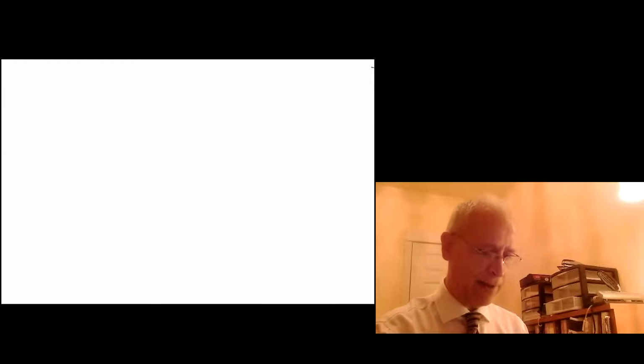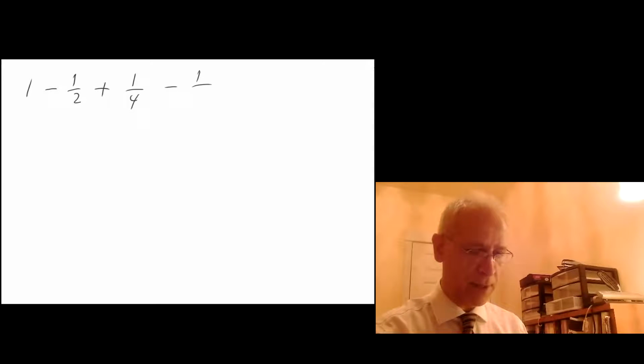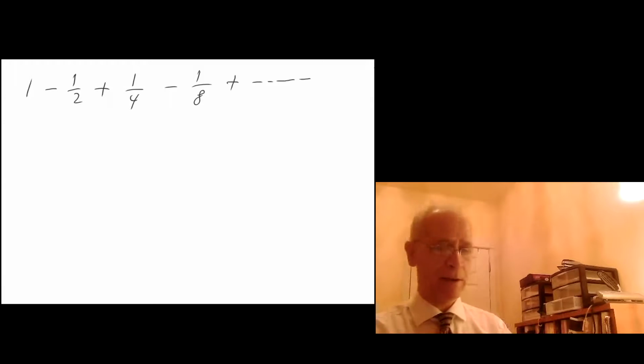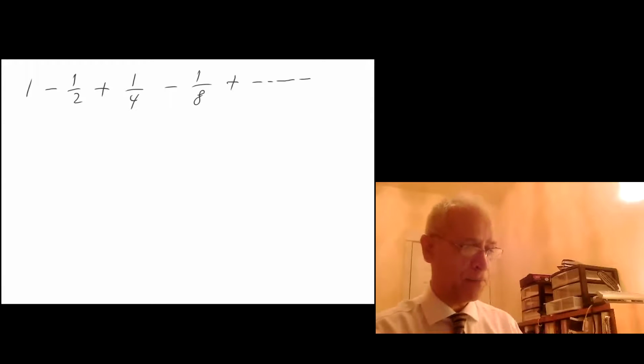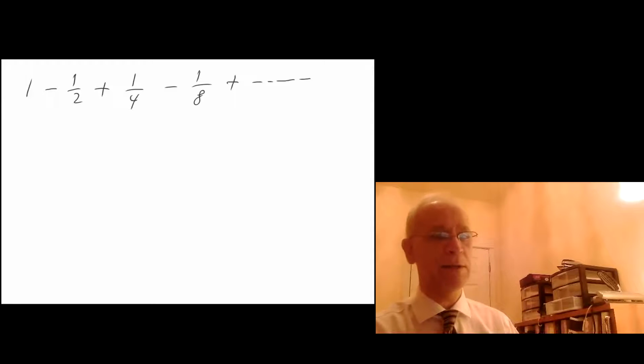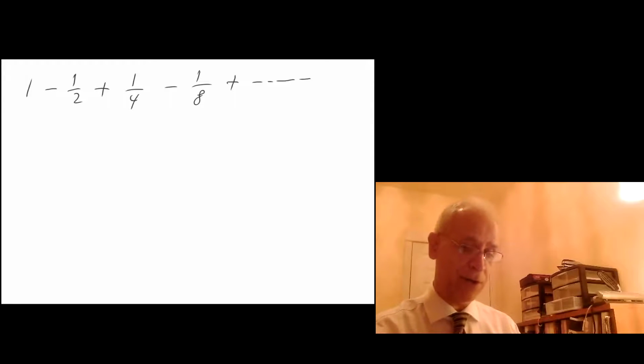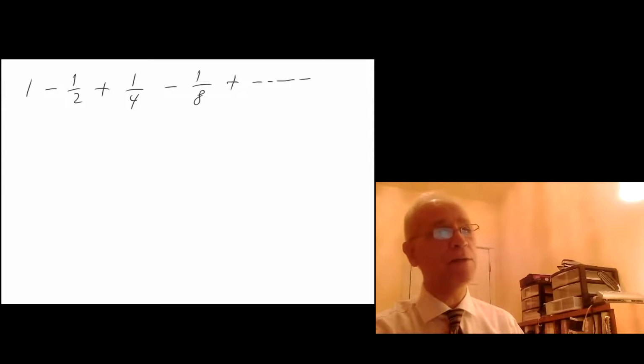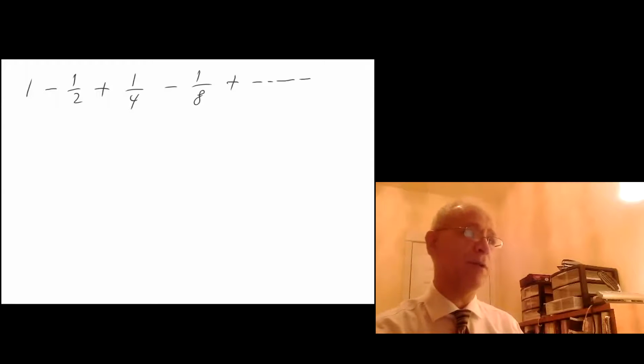Suppose we have 1 minus 1/2 plus 1/4 minus 1/8 plus dot dot dot, and this is our infinite geometric series. And we want to know if it is convergent or divergent. Well, all I have to do is find one term and divide it by the previous one.